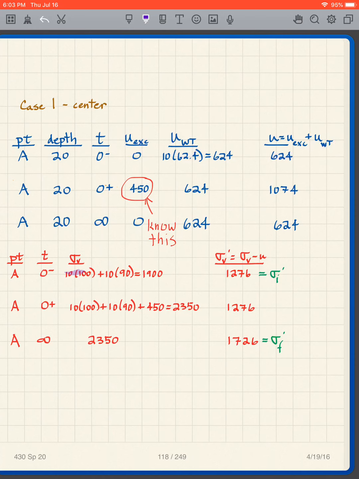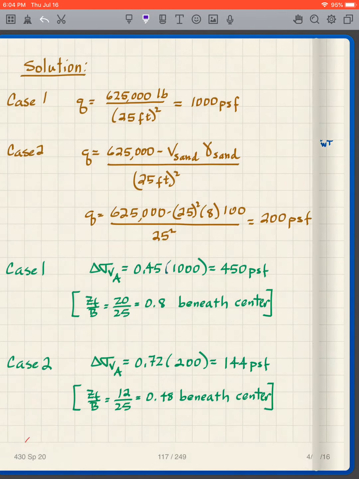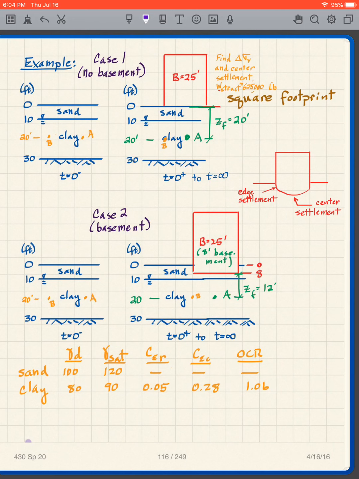And then now I have my sigma V. Well, I look at the picture, t equals 0 minus, t equals 0 plus, t equals infinity. I look at the correct picture. If you remember how the pictures looked, so let's go to the t equals 0 minus picture. So here's my t equals 0 minus picture. There's no structure there.